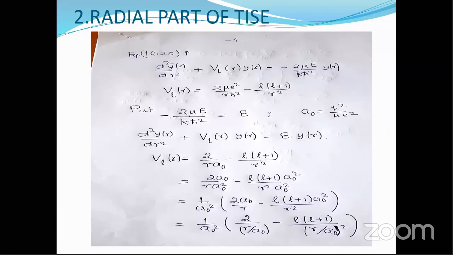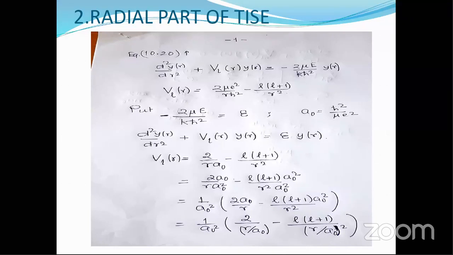So you see the term within the parenthesis is a number. R upon a0, of course, is a number. You are expressing radius in terms of the first Bohr radius, so it becomes a number. And the second term is also just the square of r upon a0, so this is also a number. And of course, the term 1 by a0² is just the multiplier.